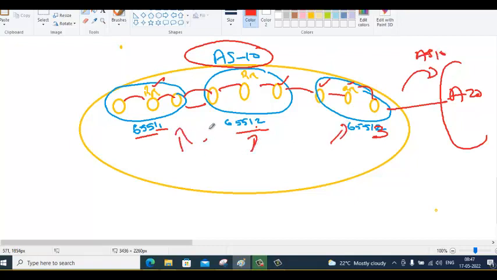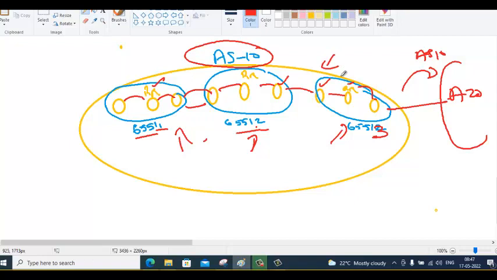So AS20 cannot understand whether it was initiated from 655. No, it will not know. It is local. It is called a private autonomous system. This is what is called confederation. So when you say allow local, it is going to be local between the sub-autonomous systems. It won't go outside. Any other question?